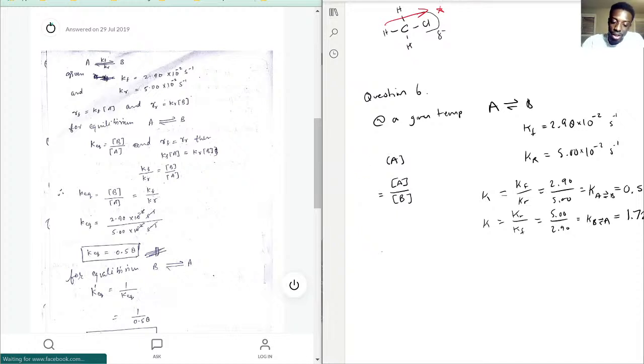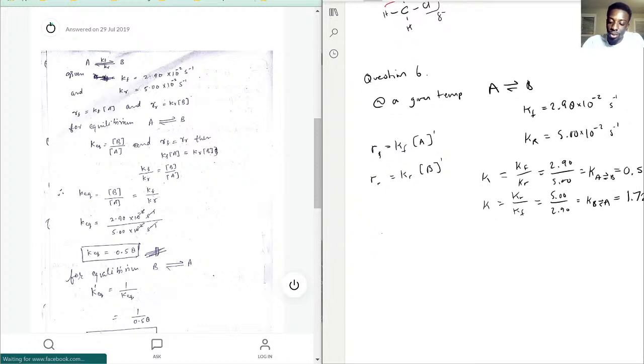In fact, for your sake, I'm going to erase that, because the equation you're actually talking about is the rate equation: you use the constant they gave you, the K forward, times A to the power of 1, because remember, it's first order, and that's the forward one. And the rate reverse is KR times B to the 1. And that's how we go to this part.